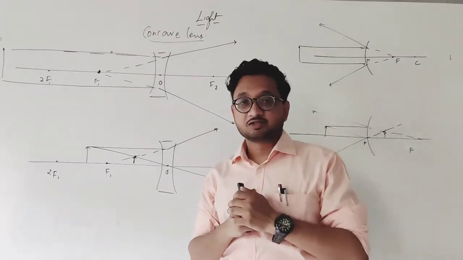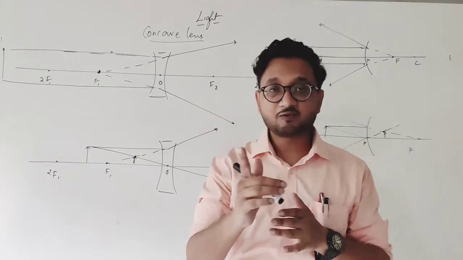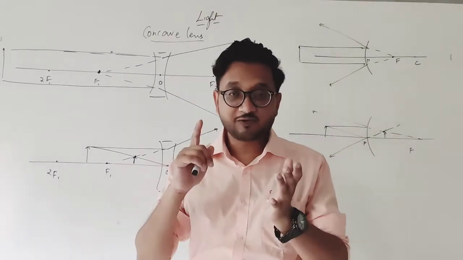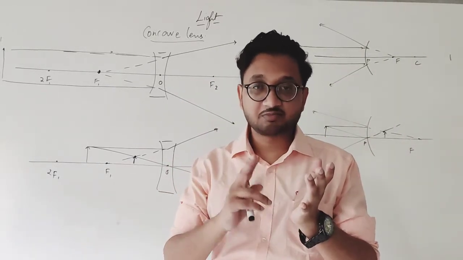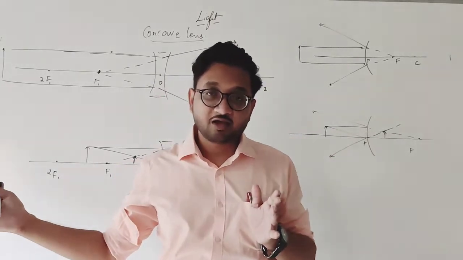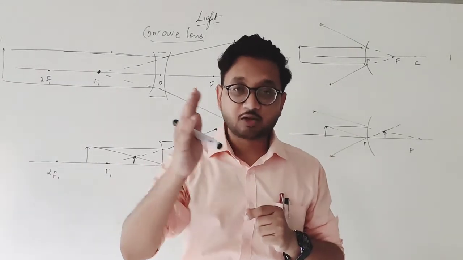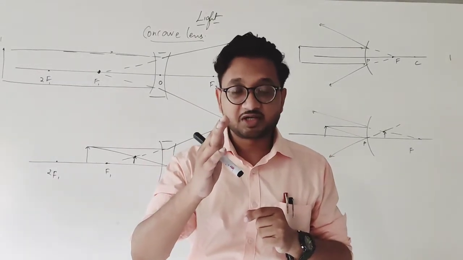Okay? So in case of converging lens or converging mirror, I repeat once again, the image goes further and further away from the lens or the mirror when you bring the object closer to the mirror or lens.